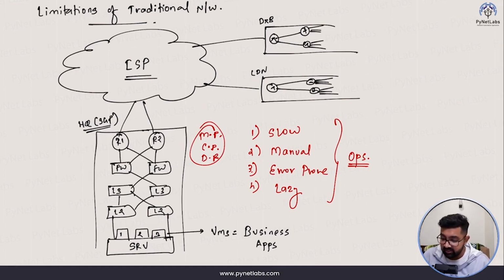For example, let's say there is a requirement that 3 new virtual machines need to be pushed over here, 4, 5, 6, and these are new virtual machines or new applications that the organization has decided to deploy. So how does it work with that?